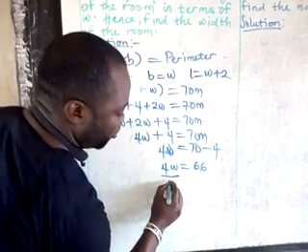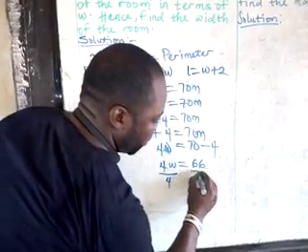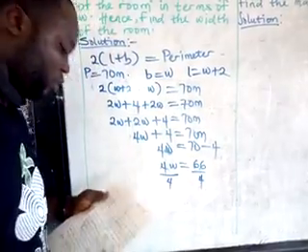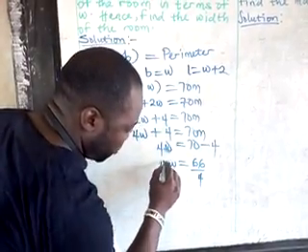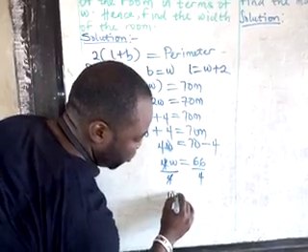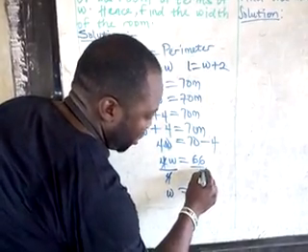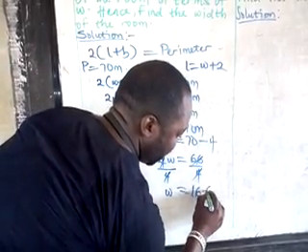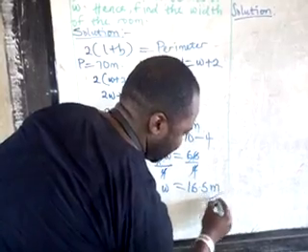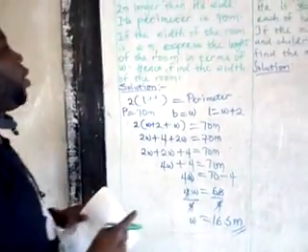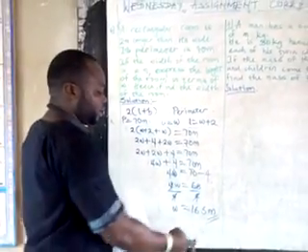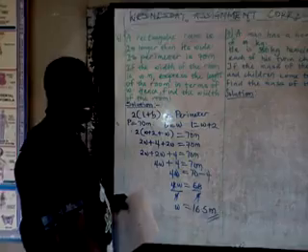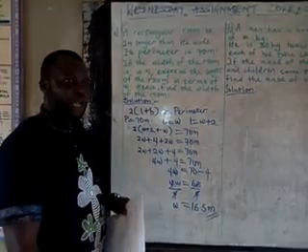So you have 4W over 4 equals 66 over 4. So what do we have? 4 cancels 4. You are left with W. 66 divided by 4 gives us 16.5. So that means the width of the room is 16.5. I want to believe we are getting that.